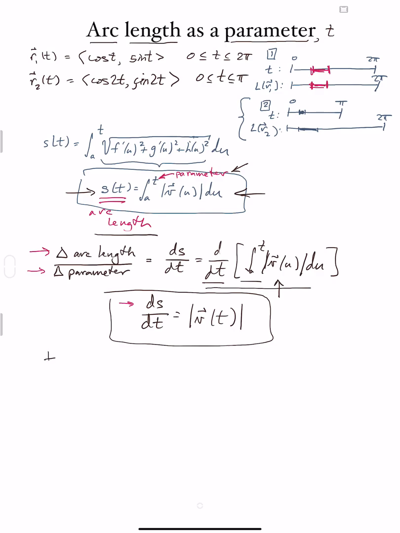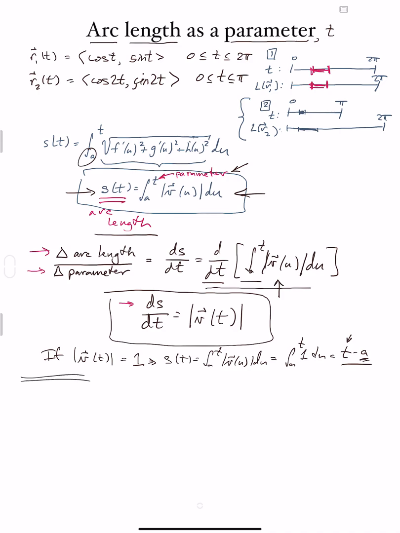If that magnitude, when we compute it, equals 1, then here's the arc length formula, integral from a to t of the magnitude du, and I can write that as 1 du. And so I find out that I'm just moving along. Here's my origin, that's the bottom of my integral, and then I'm just moving along that curve 1 to 1.